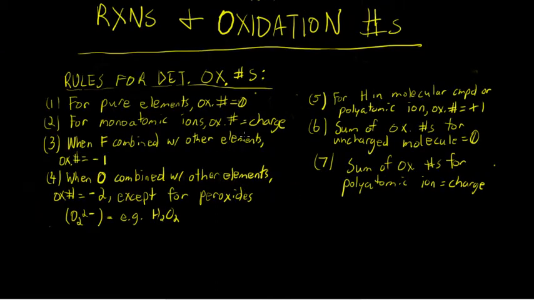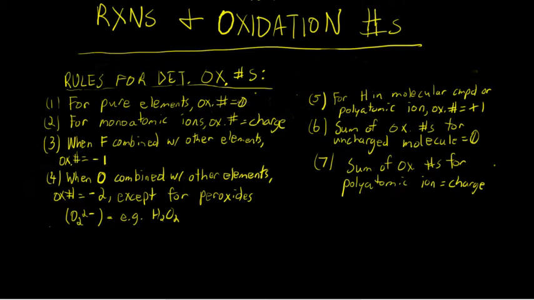So I went ahead and rewrote the ones we did and added the others so that you can see them more clearly all together. So for pure elements, the oxidation number is 0. This is a 0, not an O, so I put this slash through the 0 so you can tell the difference between it and the O in oxidation number.